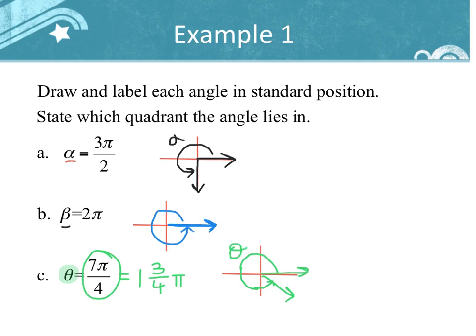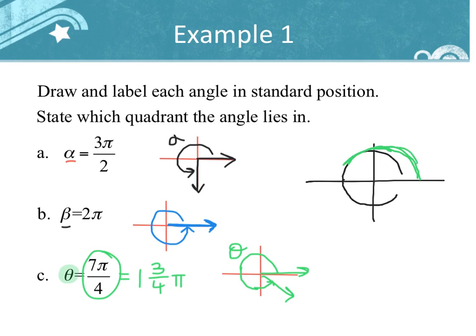So if you're dealing with a fraction and it's not one of your quadrant angles, then you want to look at it in terms of your x and y axis. If it's bigger than 1 pi, I know I passed the 1 pi. And then you have to ask, is it bigger than 1 1/2 pi? That means I'm going to pass my 1 1/2 mark. If it's smaller than pi, the question is, is it bigger than half pi? If it's bigger than half pi, I pass the half pi mark.